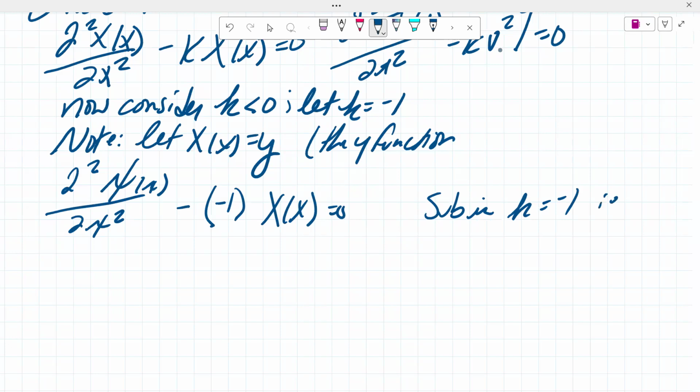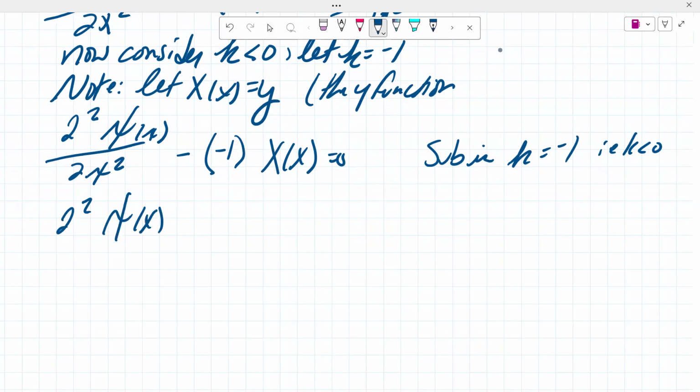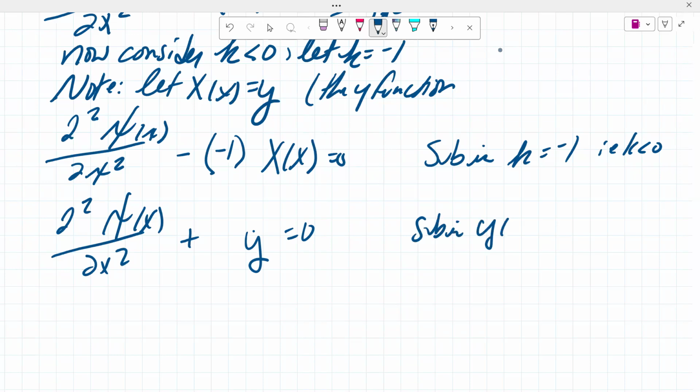This is k less than 0. Okay, next let's just put in y. So d squared X over dx squared, and minus negative is going to be plus, and let's let X(x) be y, equals 0. So this is sub in y of x. This will just match some more standard notations.